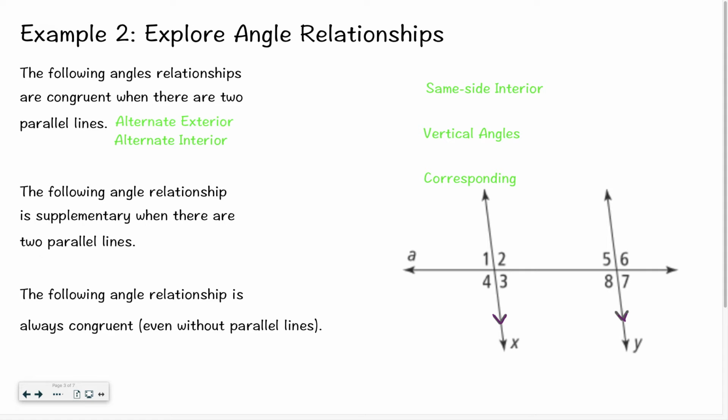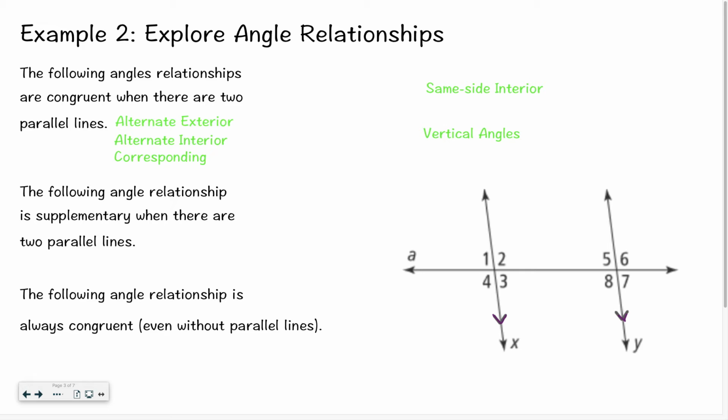Our alternate interior angles are always congruent as long as those two lines, the non-transversal lines, are parallel. Another type of congruent angles would be corresponding. So if angle 4 is 110 degrees, another angle that is 110 degrees would be angle 8 because it's corresponding. Okay?